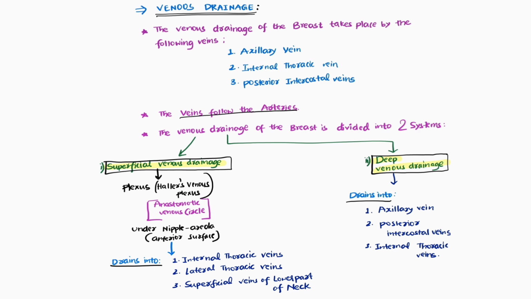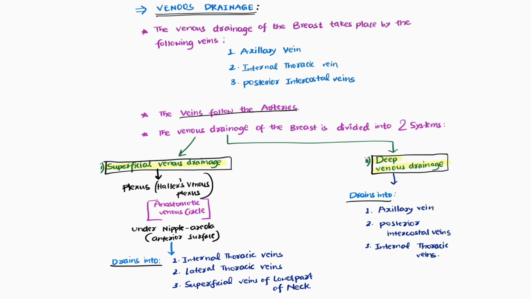The interesting thing to know is that the venous drainage of the breast is divided into two systems, the superficial venous drainage and the deep venous drainage. As the name suggests, superficial drains the superficial part of the breast, and deep drains the deep part. The superficial venous drainage forms a plexus, that is Haller's venous plexus.